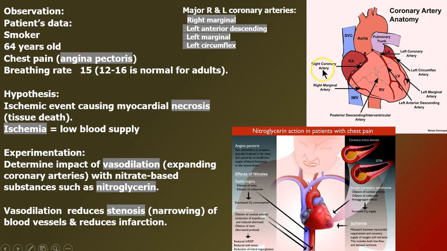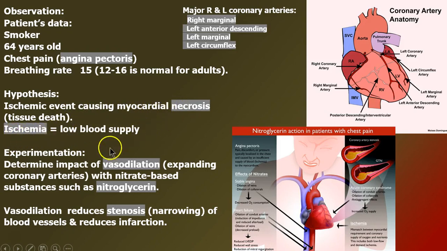When tissue starts dying, then we get impulses of pain. And so that's our hypothesis: low blood supply, killing muscle cells. Okay, you starting to see how this works? It's like a foreign language at first, but then you start seeing these trends, okay?